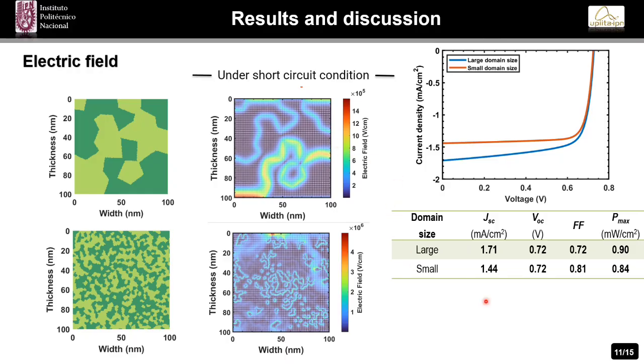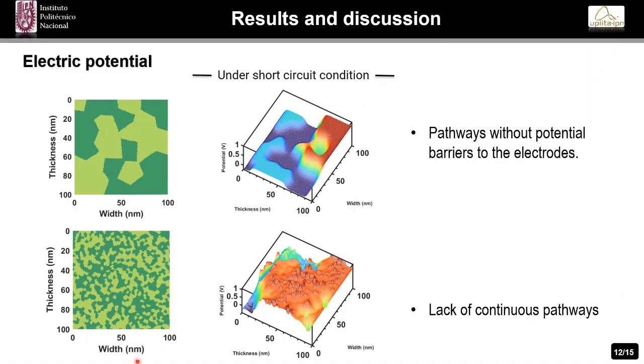If we analyze the electrical parameters of these solar cells, we can realize that the maximum power is obtained with larger domains. To understand why the morphology with the largest domain size is better, the potential is shown in the following graphs.